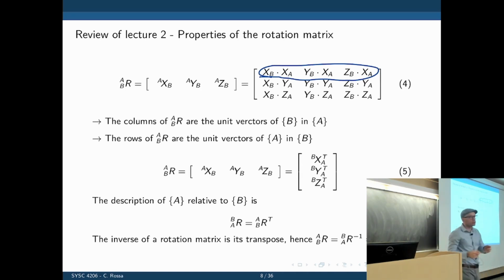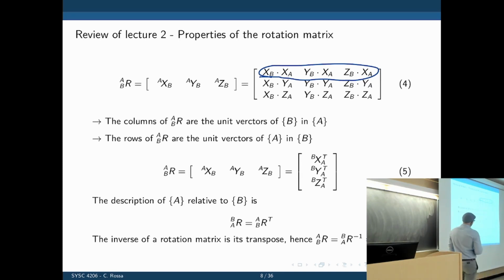The original matrix was going from B to A. If we transpose it, we go from A to B. Right? And that's what that means. So if you want to express one frame in another, simply transpose their respective rotation matrix.